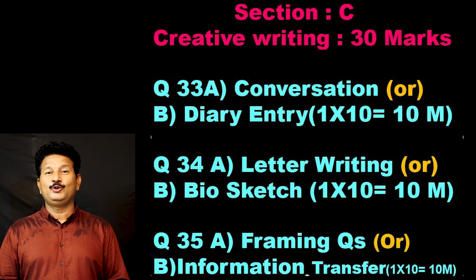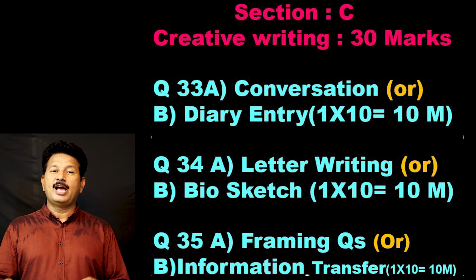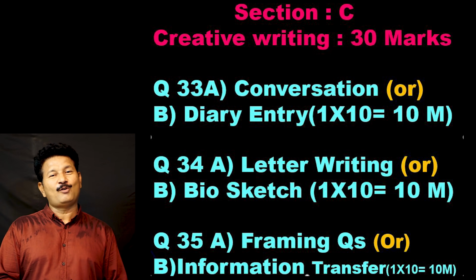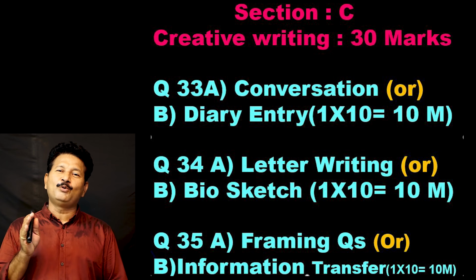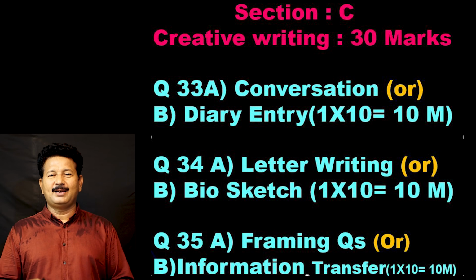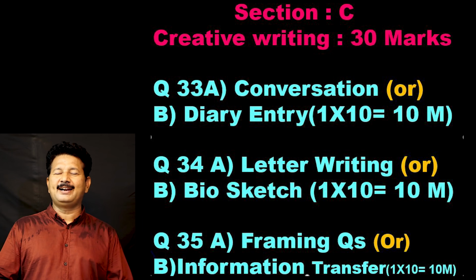It's all about creative expressions. And for this, we'll have 30 marks. And the first question, number 33, you have internal choice. Either you can write a conversation or a diary entry. I'm sure that all the students love both these questions, because you are comfortable with conversation and diary entry also.